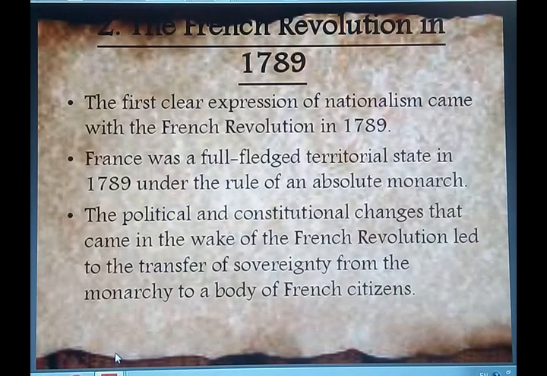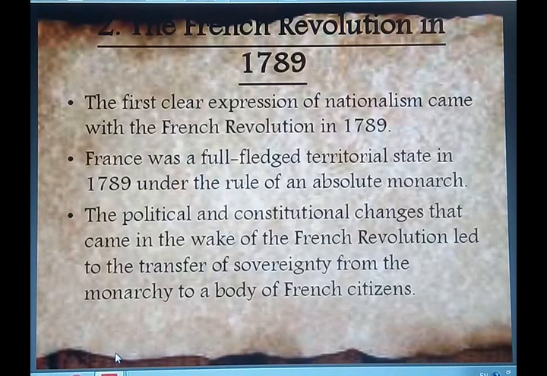France was a full-fledged territorial state in 1789 under the rule of an absolute monarch. Absolute monarch means dictators. The political and constitutional changes that came in the wake of the French Revolution led to the transfer of sovereignty from the monarchy to a body of French citizens.